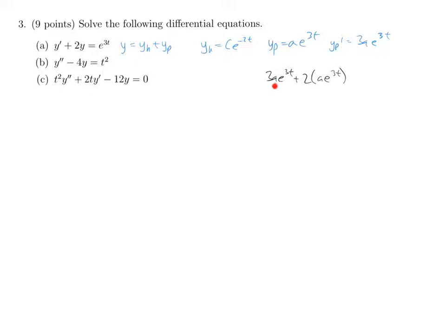Again, this is y prime, this is 2y, and this is e to the 3t. And so you get 5a e to the 3t equals e to the 3t. So a equals 1/5. So your answer for this one is y equals c e to the negative 2t plus 1/5 e to the 3t.